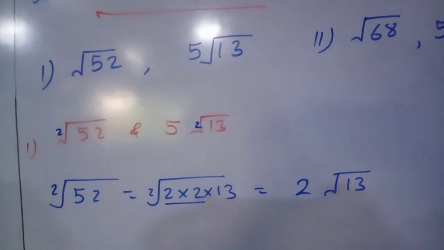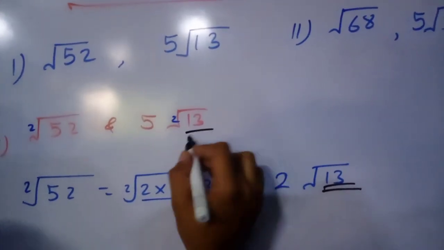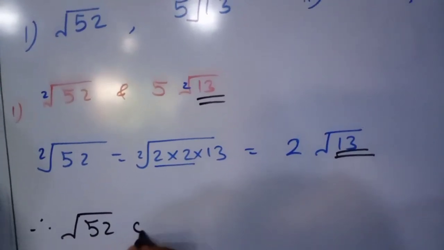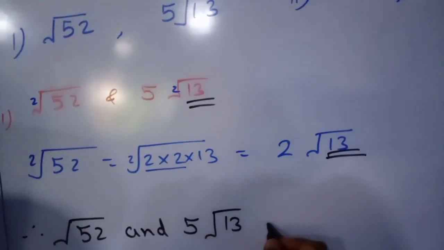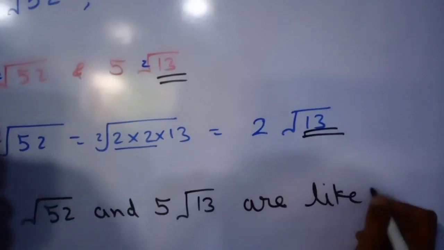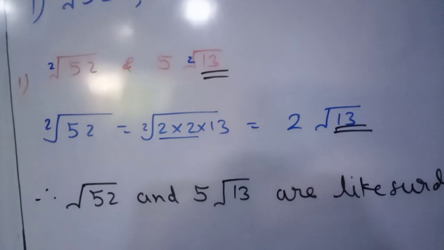Now you can compare these. Here we have the same radicand also. Therefore root 52 and 5 root 13 are like surds.